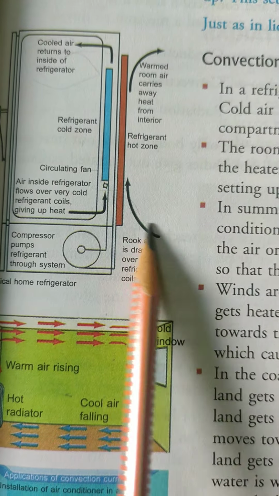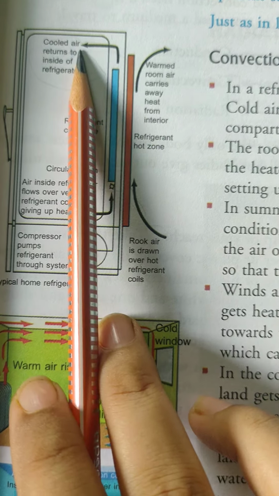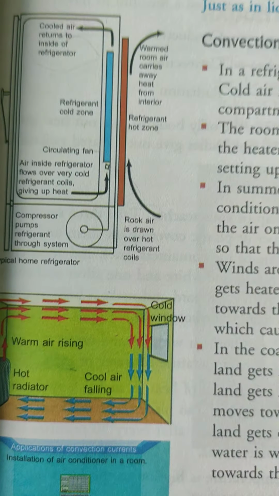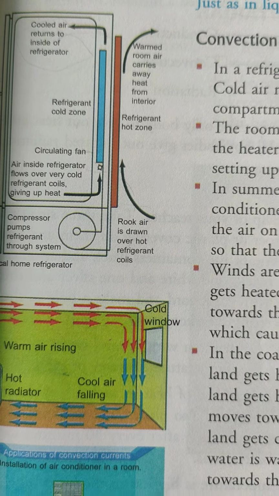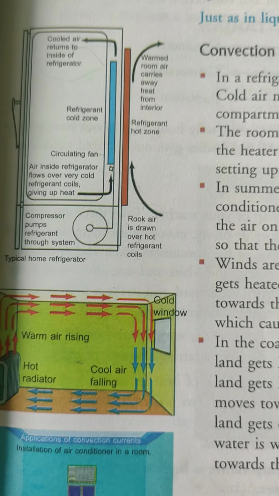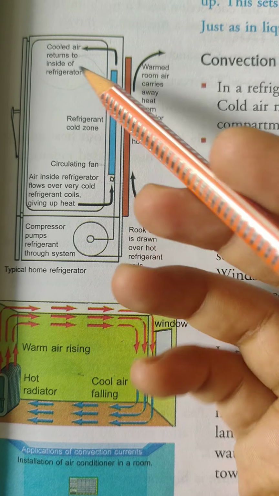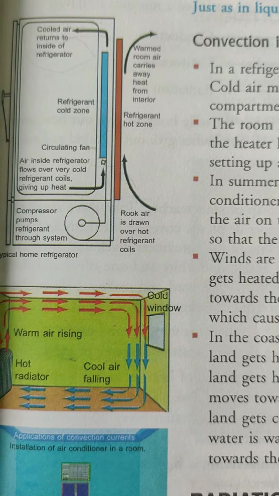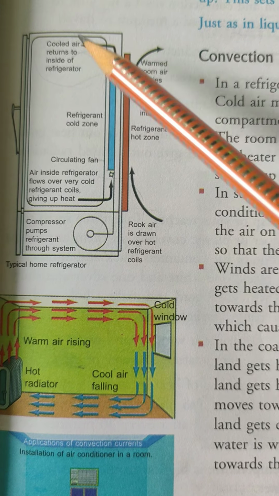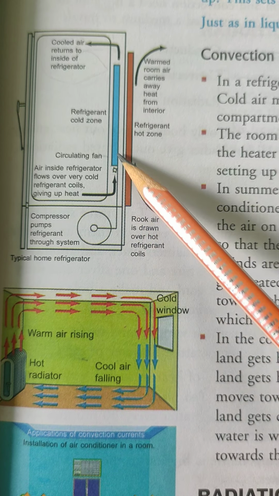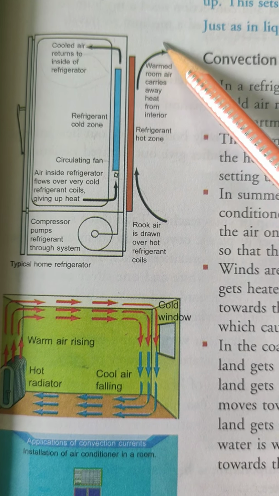It goes up and moves through a coil. After a time, that air will collect heat. After the air collects heat, it will again come down, and then finally go out.